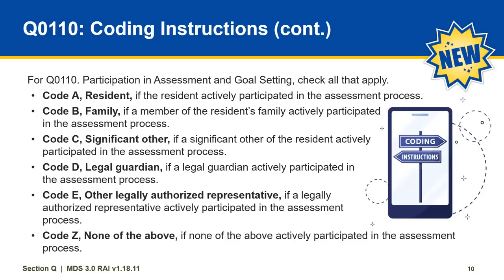Code D, legal guardian, if a legal guardian actively participated in the assessment process. Code E, other legally authorized representative, if a legally authorized representative actively participated in the assessment process. Code Z, none of the above, if none of the above actively participated in the assessment process.